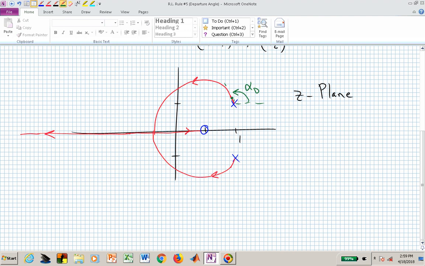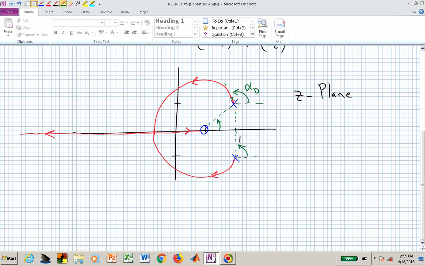That dot does make an angle with this positive real line segment to the right of that pole. But if that dot is an epsilon distance away from that pole, we effectively can just use that pole location to determine all the other angles from our poles and zeros.